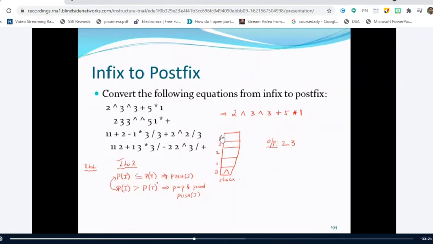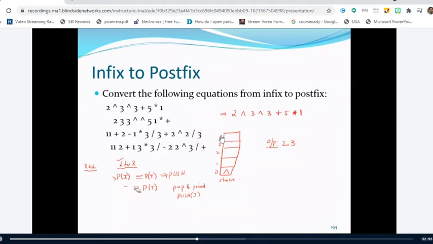Yes, sir. So if the priority of the incoming operator is equal to the priority of the top element, this is what you have to remember: then you have to perform a push operation, not the other one.